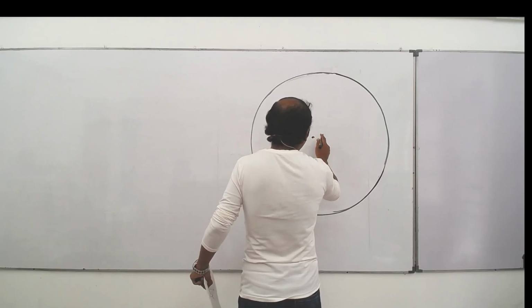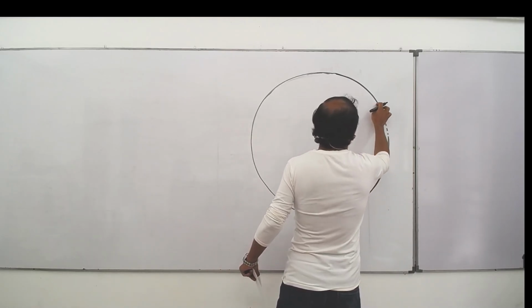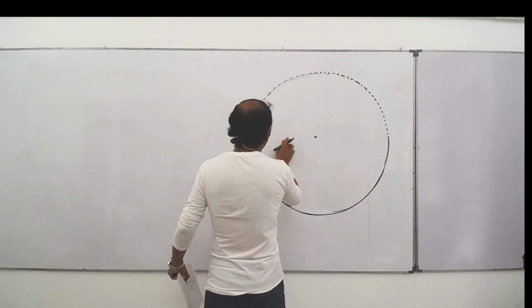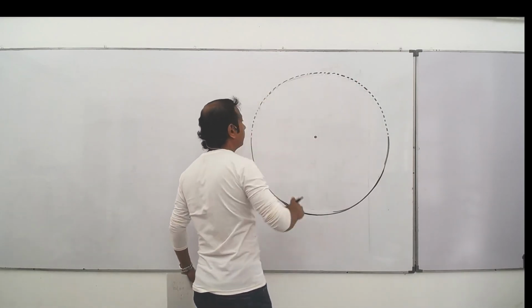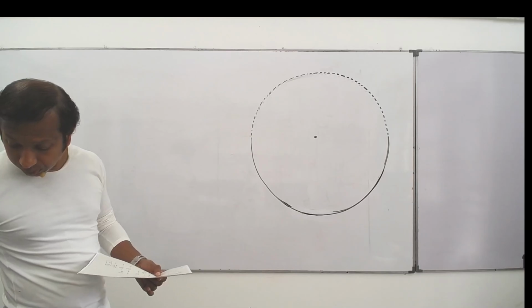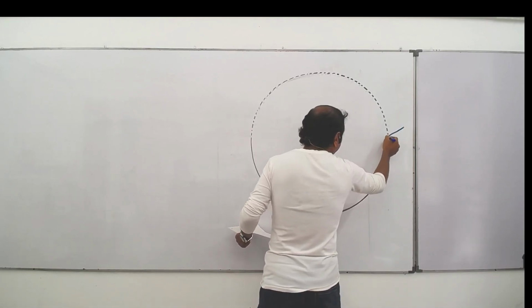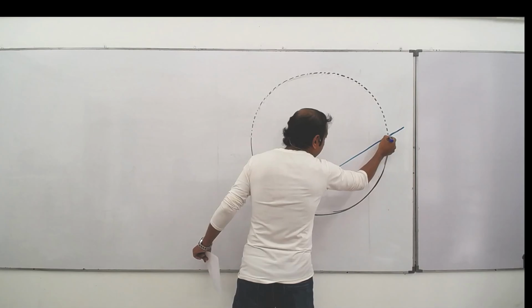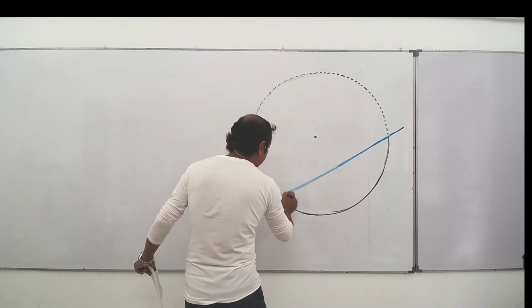It's a ball, no? Right. So then I draw the upper part with dash. Now the rod is placed this way.